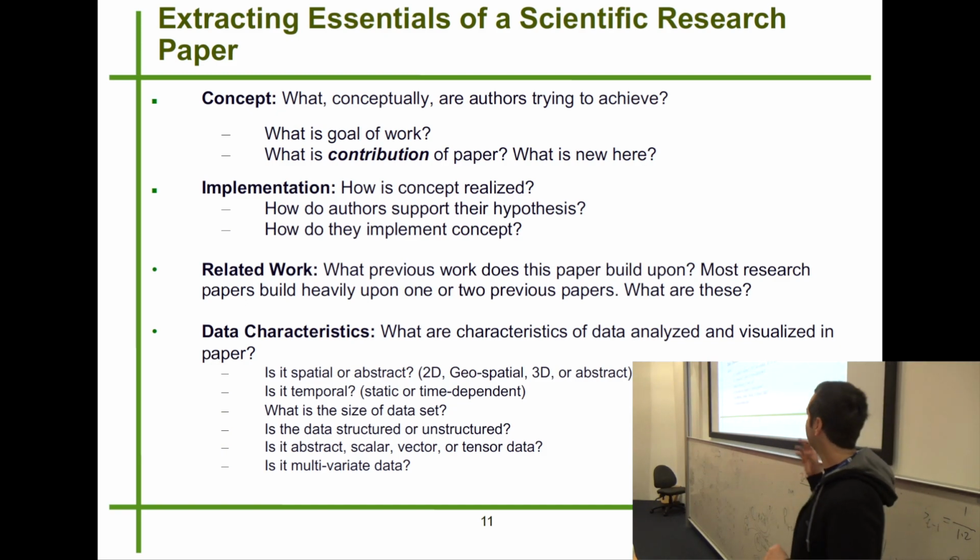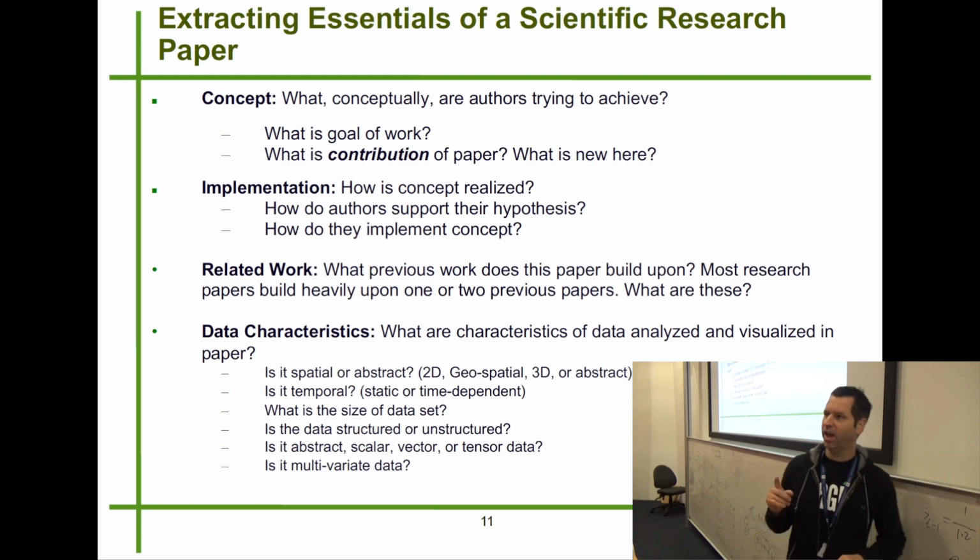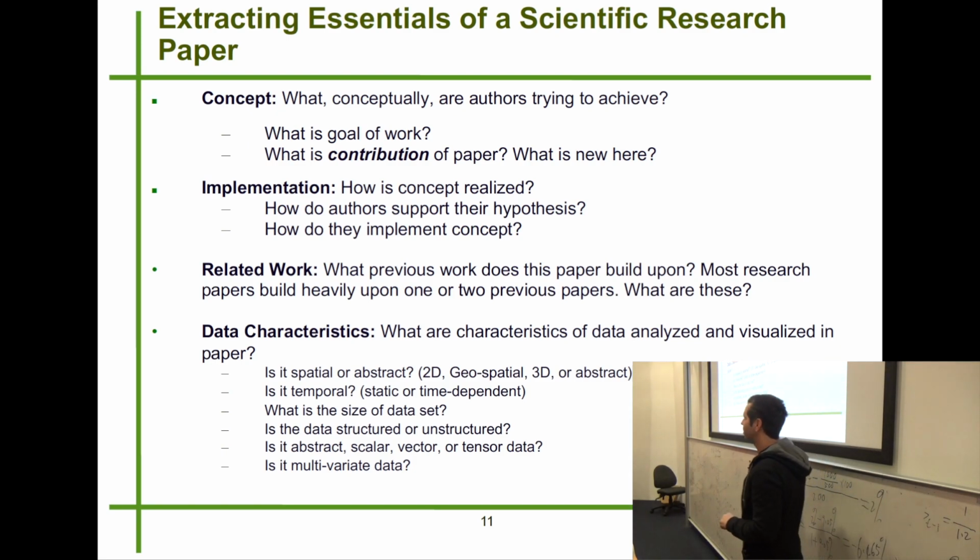These are the absolute essential characteristics. And then it's a skill to extract these. But you can imagine, oh, I can extract this information without reading the entire paper from start to finish. You can extract this, actually.